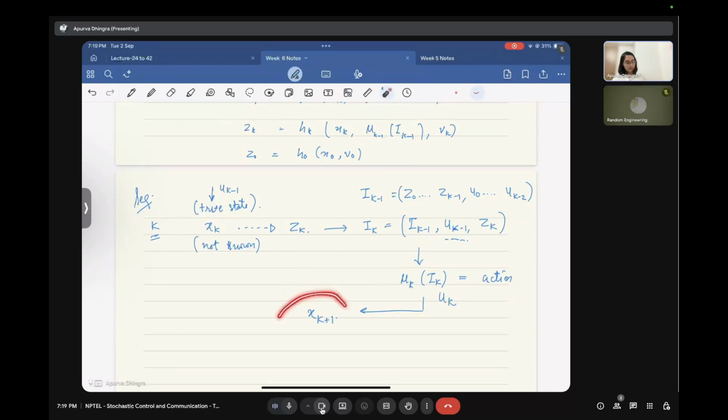But this is still not known. Even though we don't know it, this is something that is internal. On the basis of this, a reward will be given. So this is reward rk plus 1. It depends how we've defined it.